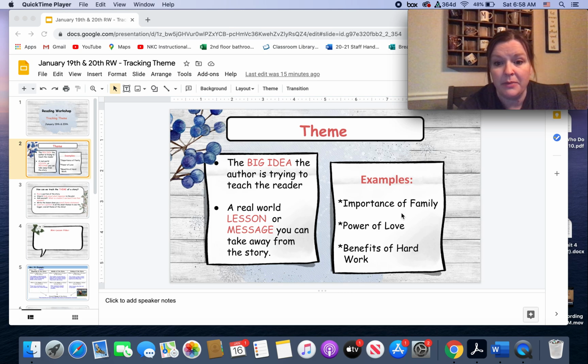Or the power of love, how it can really change someone's life. Or the benefits of hard work, that when you stick through something and work hard, it will pay off in the end. Those are all lessons that you can apply to your own life in the real world or to another story. That is called the theme, and that's what we're going to look for in our stories starting in this unit.